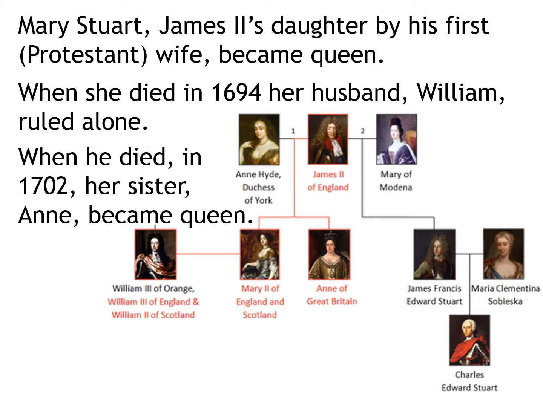So they kick him out and she becomes the queen. All right, Mary. And then after Mary dies, her husband rules as king, then he dies, and then she dies, then no more family.